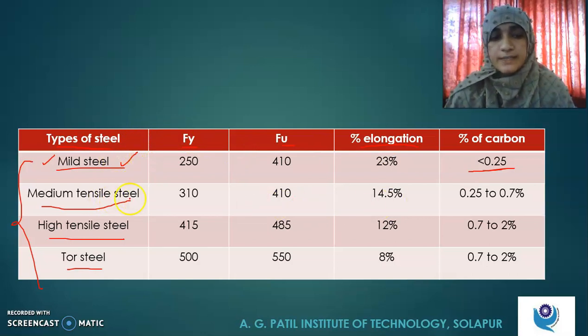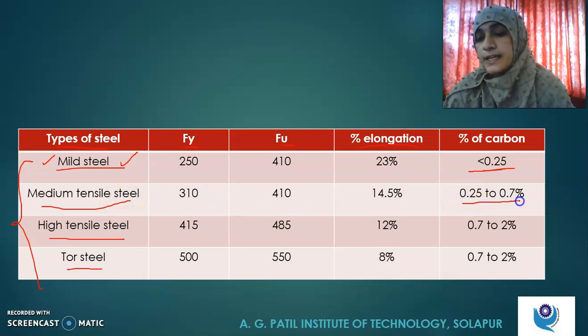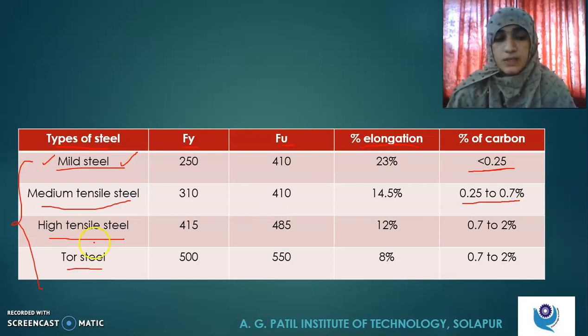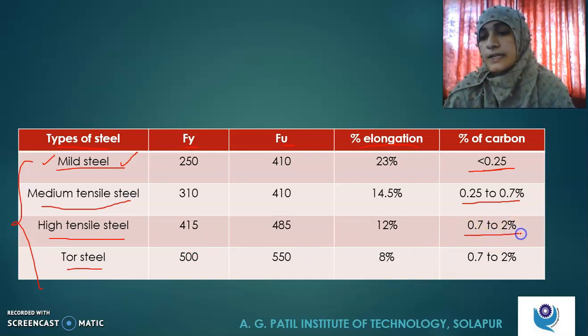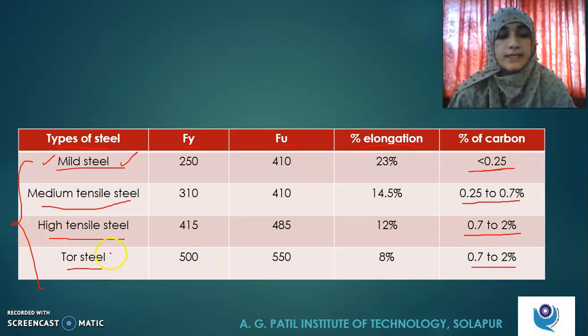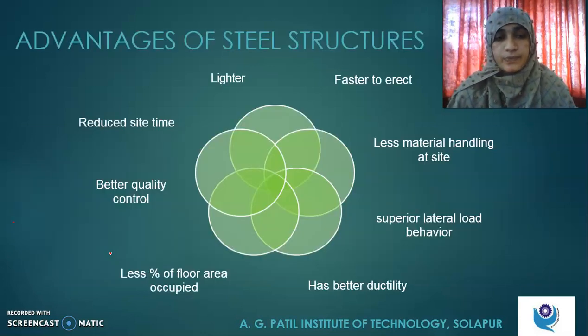Medium tensile steel means if the percentage of carbon content is between 0.25 to 0.7%. High tensile steel means if the percentage of carbon content is between 0.7 to 2%. If the percentage of carbon content is between 0.7 to 2%, then the material is called tor steel.